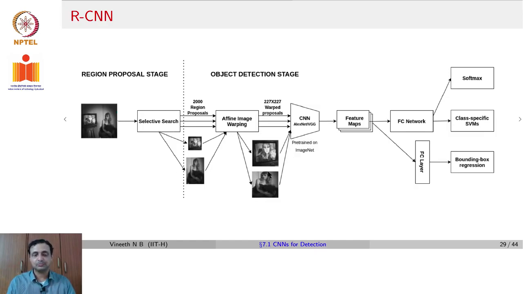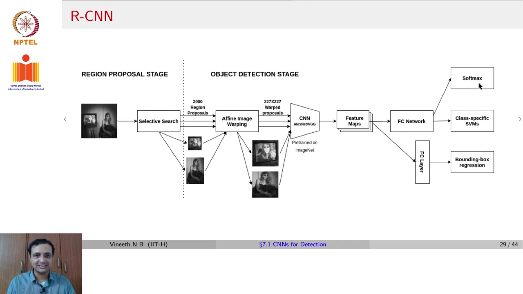These proposals are then given to a CNN. In this particular work, the CNN was like an AlexNet or a VGG. Then you get feature maps out of the CNN that go through a fully connected network. And then there are three components.